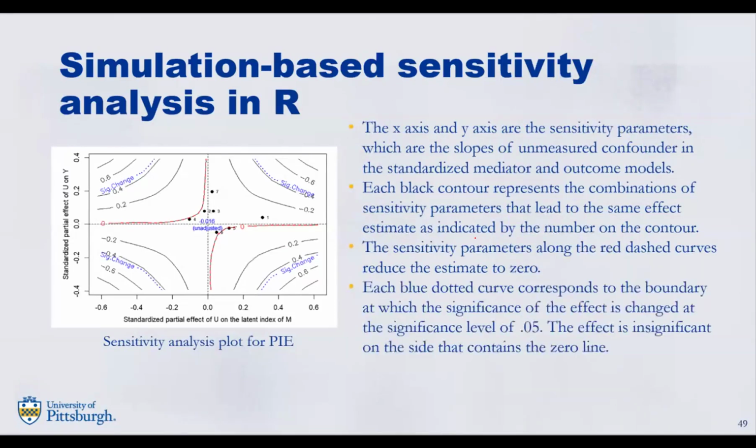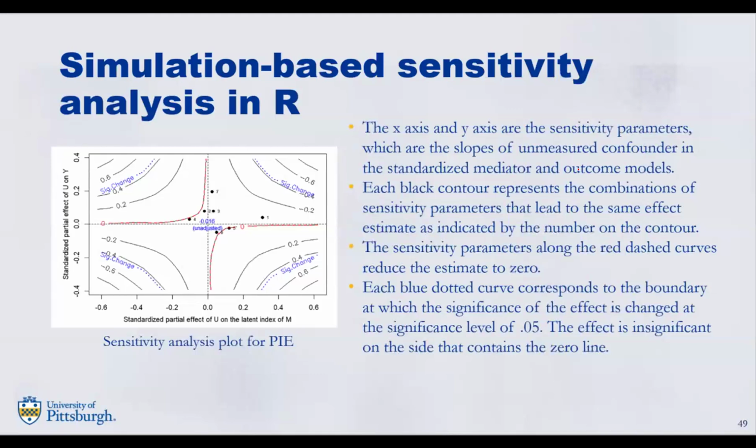While each blue dotted curve corresponds to the boundary at which the significance of the effect changes. And the effect is insignificant on the side that contains the 0 line. That means in this region, within these blue dotted contours, the effects are insignificant, while outside the blue boundaries, you will get significant results.